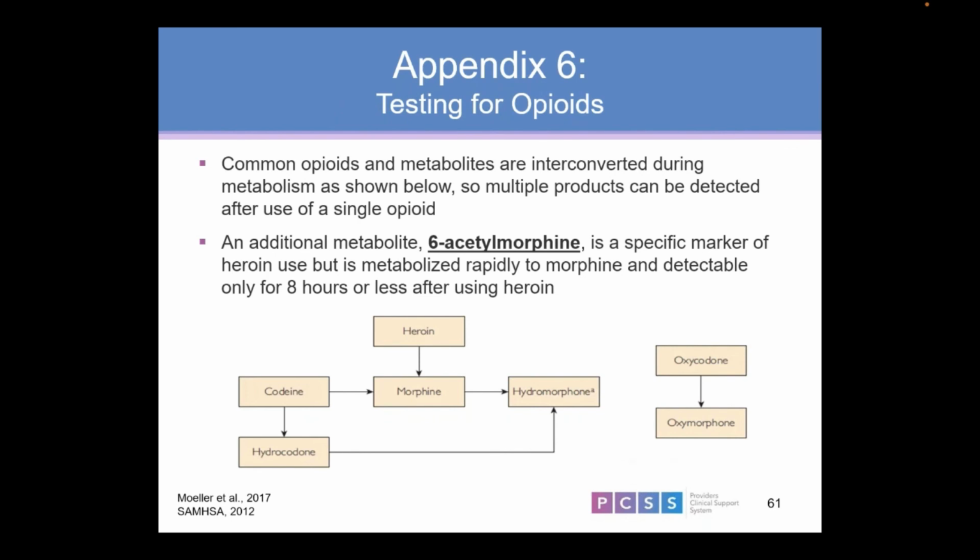And here is an outline of the breakdown metabolism of heroin, and how it can show up in various ways. And then the idea that oxycodone is not going to be picked up by a standard opioid test in immunoassay testing.